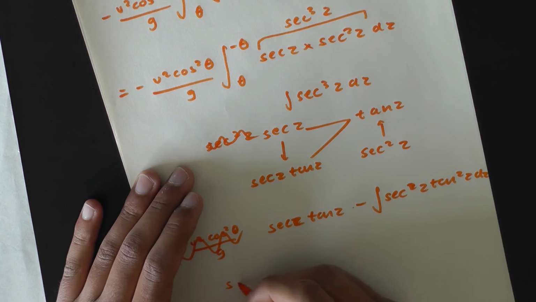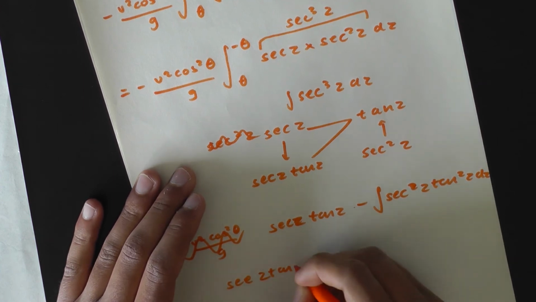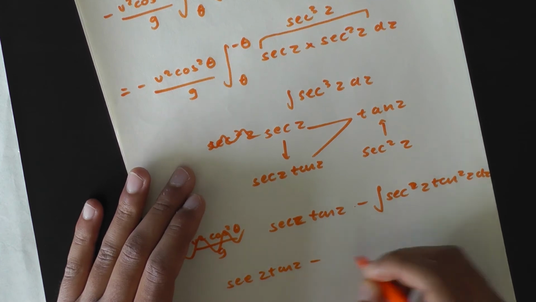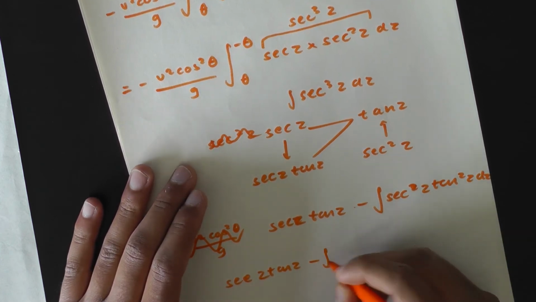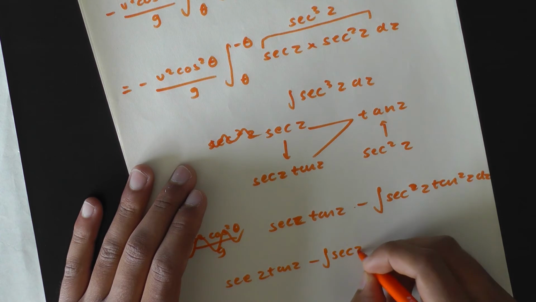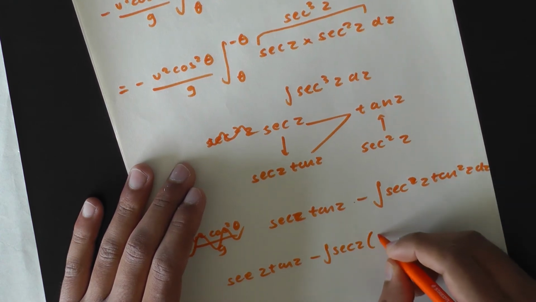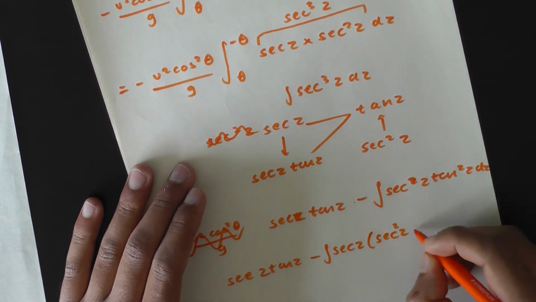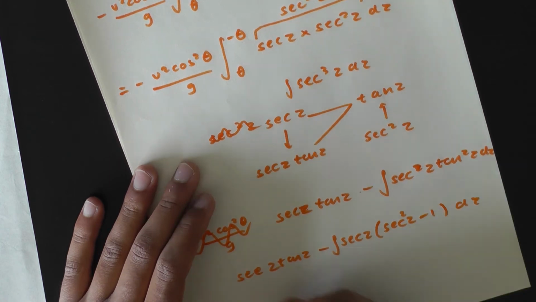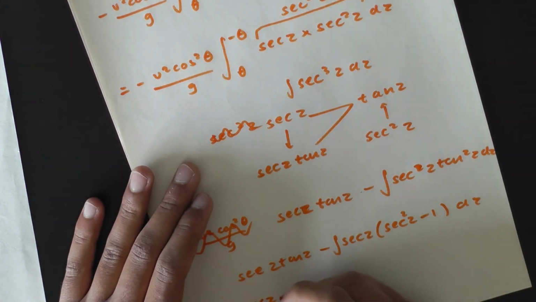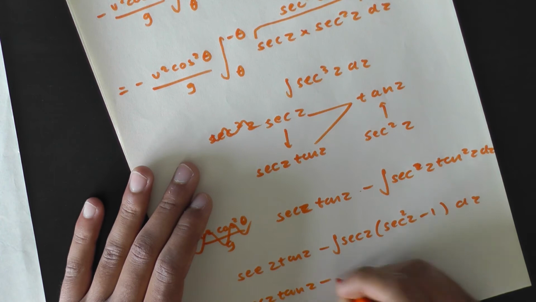So that's sec z tan z minus the integral of sec z times, since tan squared z equals sec squared z minus 1, sec z tan z minus.